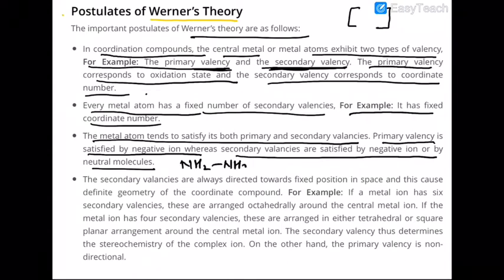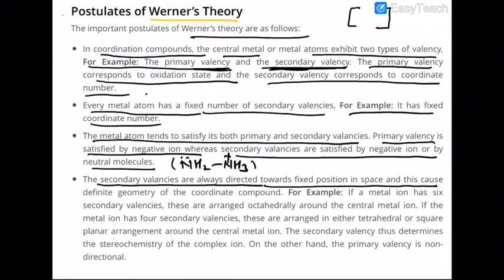Because in hydrazonium, although one nitrogen contains a positive charge, still it has one lone pair in the second nitrogen atom. So secondary valencies can be satisfied by negative ions, by neutral ions, or sometimes by positive ions, but those positive ions must have a lone pair. The secondary valencies are always directed towards fixed positions in space. So secondary valencies are responsible for the geometry of the complex.